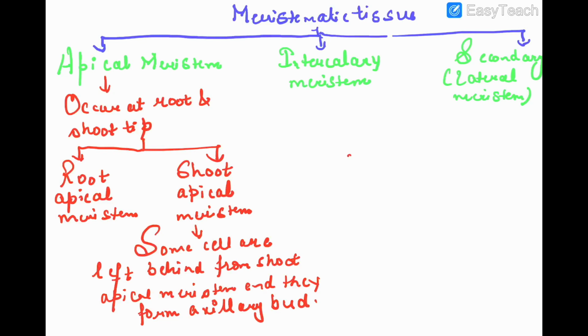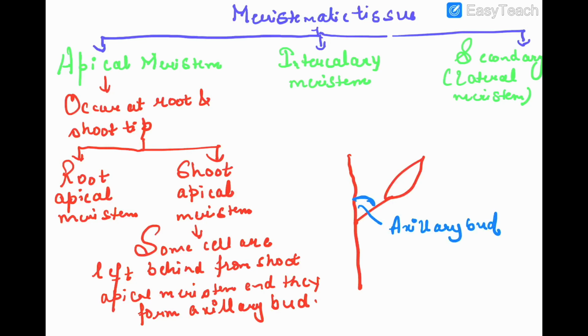For example, if this is the stem, then this is the leaf which will arise from the node. Then in the axil of the leaf, there would be a bud which would be known as axillary bud. So this axillary bud is formed when some cells are left behind from shoot apical meristem. This axillary bud gives rise to flower or a branch.